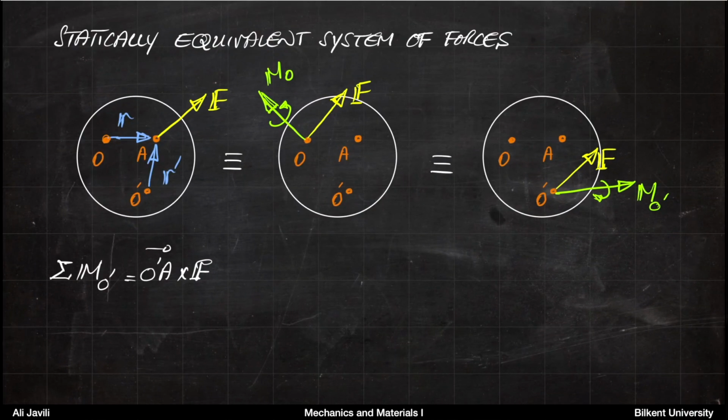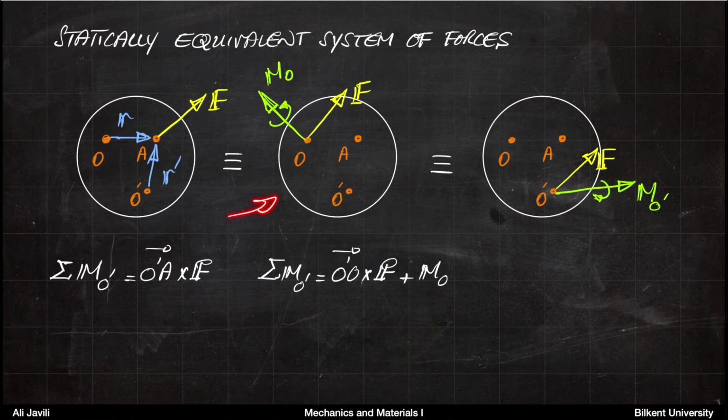So in the first picture, if you write the resultant moment with respect to O prime, that would be O prime A times F. So this is the resultant moment with respect to point O prime.